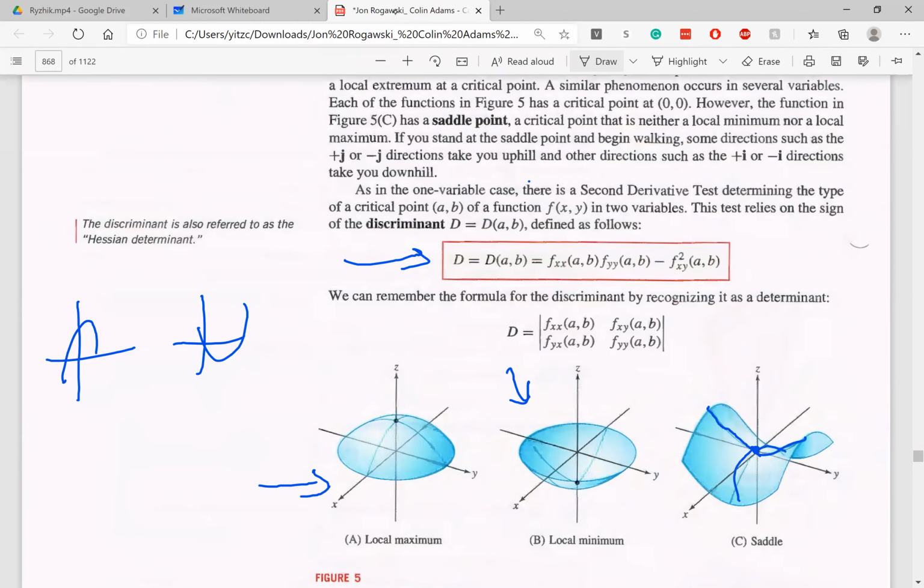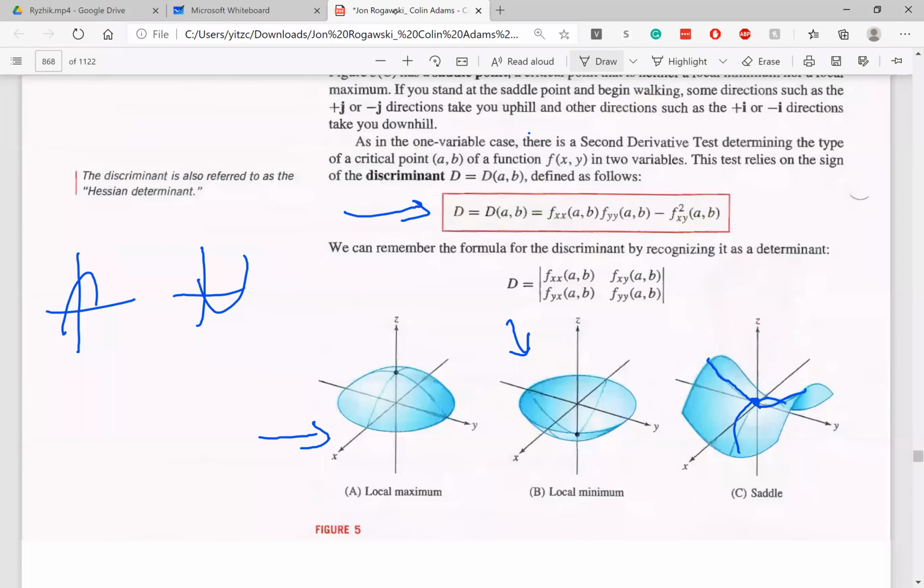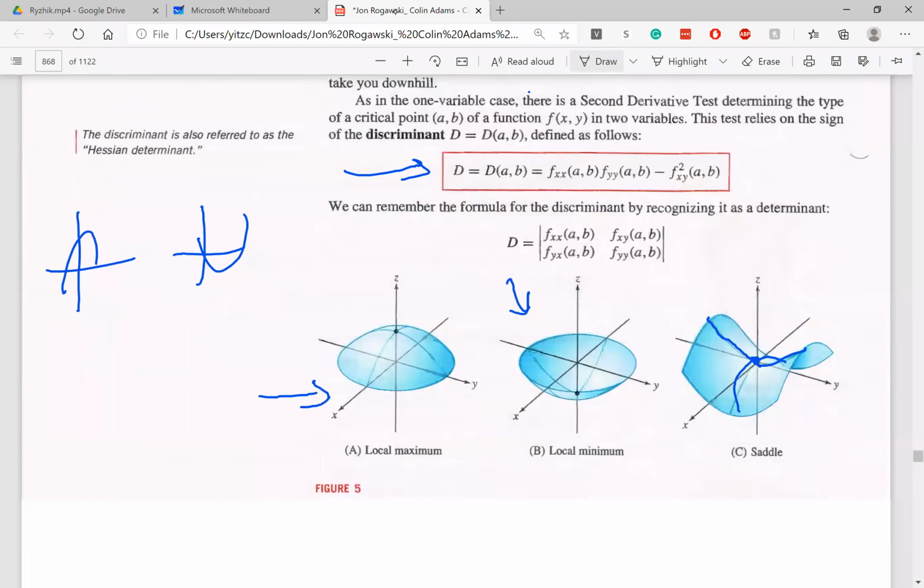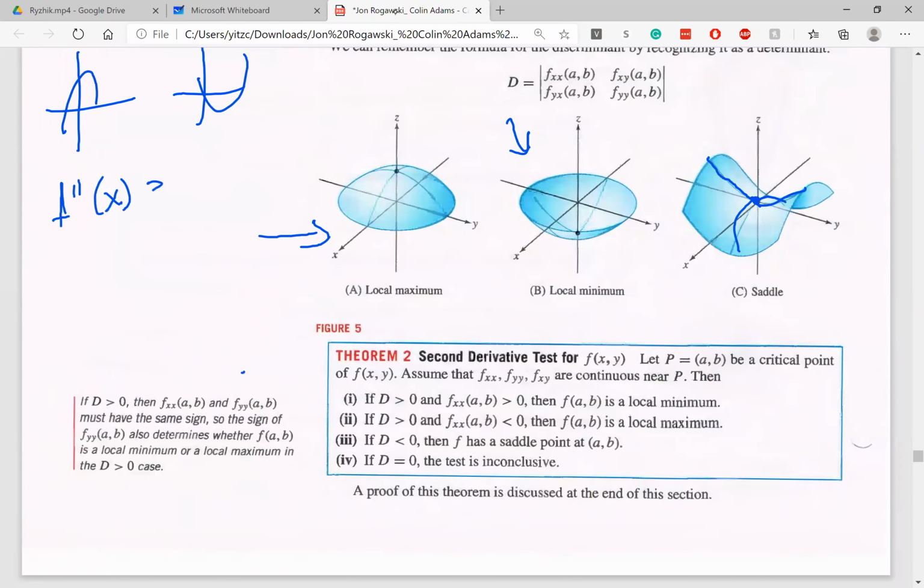So in order to figure out which one of these cases we have, the same way in Calc 1 we use the second derivative, and if it's bigger than 0, this is a min, and if it's less than 0, it's a max. In our case, we're going to use this D to figure out what situation we're in.